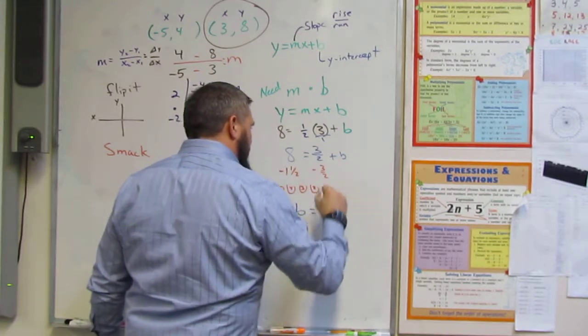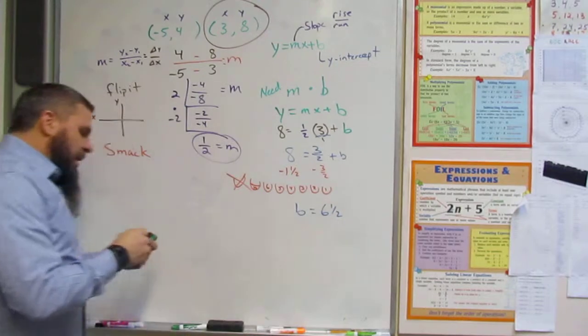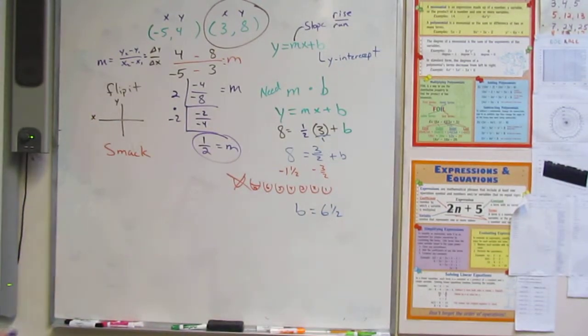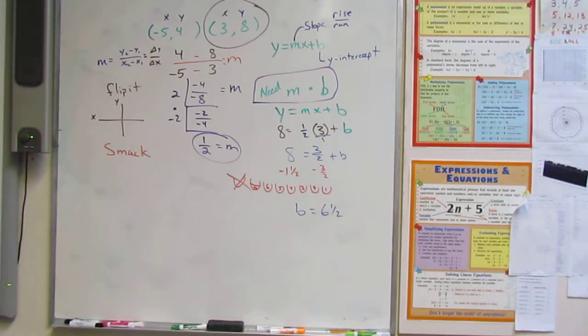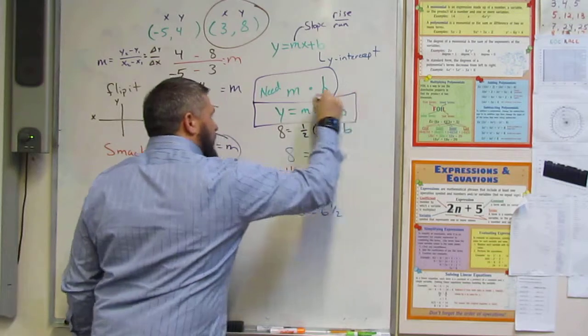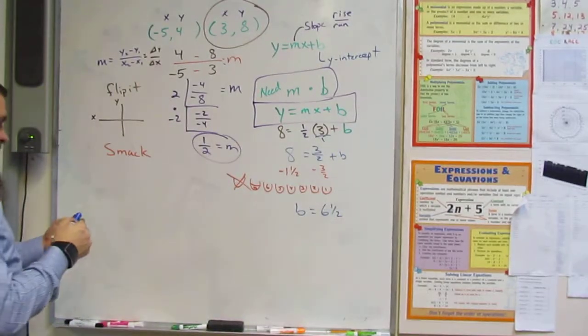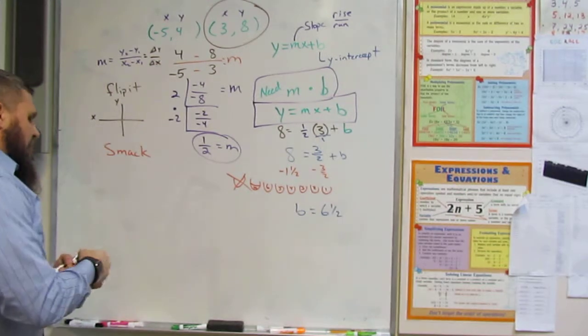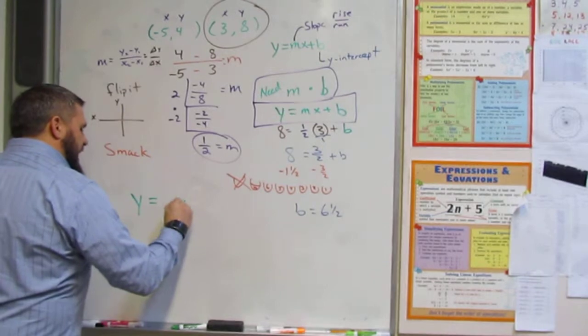Okay? And then this becomes b is equal to 6.5. What do I need to make this equation? I need m and b. Right? Because y equals mx plus b, right? So what I want to do here is go back to y equals x.